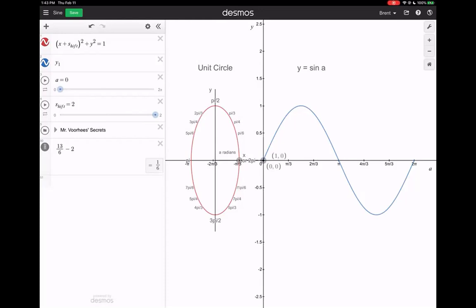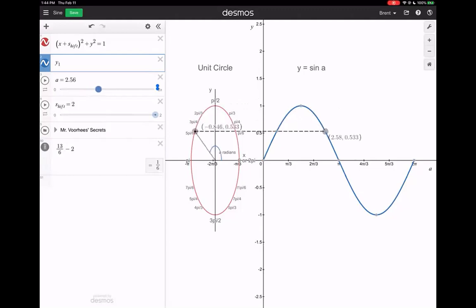Now, I want to connect these two things together. On the left side of the screen, the red graph, the unit circle, remember, sine deals with y. The blue graph is just the graph of sine, y equals sine. So what should happen as I start to make this graph move? Any point on the blue graph should match the exact same height as the height on the red circle.